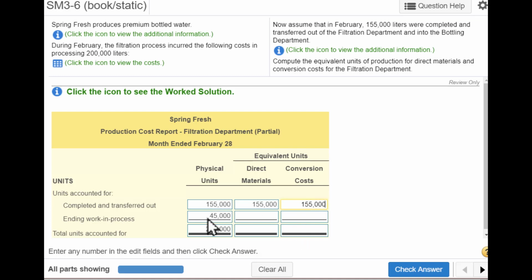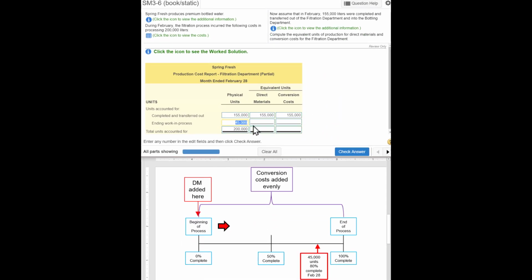Now let's talk about the ending work in process. These are for the 45,000 liters or units, whatever you want to call them, that are still unfinished, not completely filtered. For direct materials, as soon as we start the process of filtration, we add the direct materials, which is the water. So 100% of those have had the direct materials added. So we're just going to take 45,000 times 100% gives us 45,000.